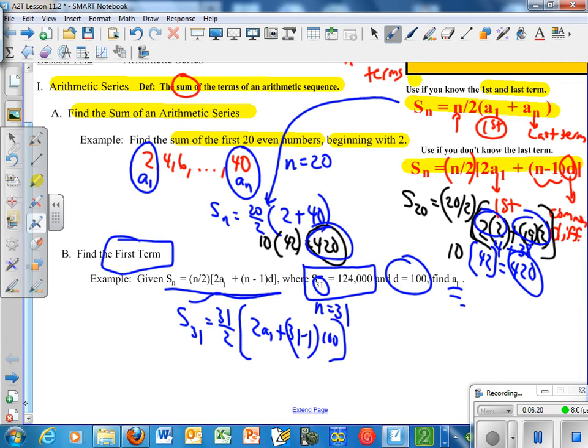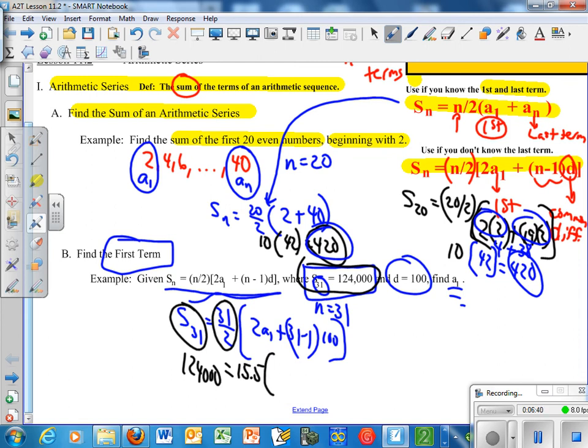Now let's do a little simplifying. S sub 31 we know is 124,000, so I'm actually putting in what they told me the sum of the first 31 terms are. Okay, equals 31 divided by 2 is 15.5, so that's coming from that.